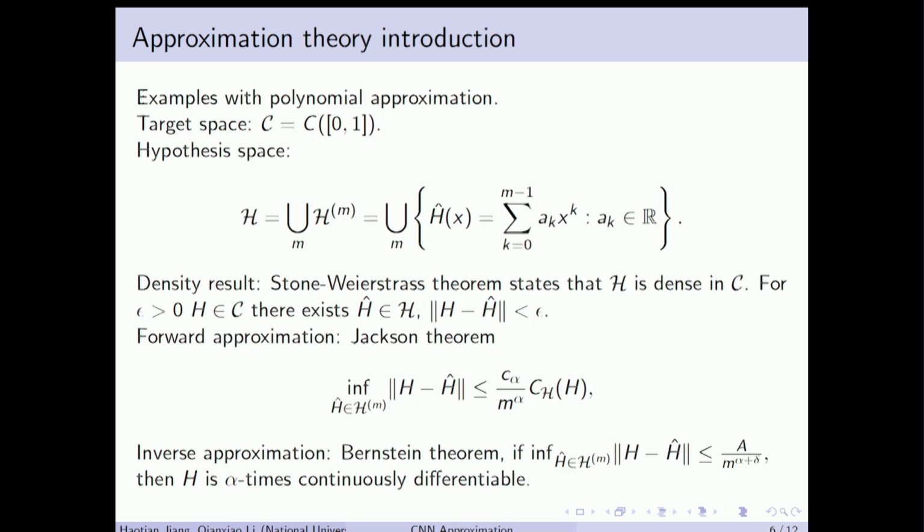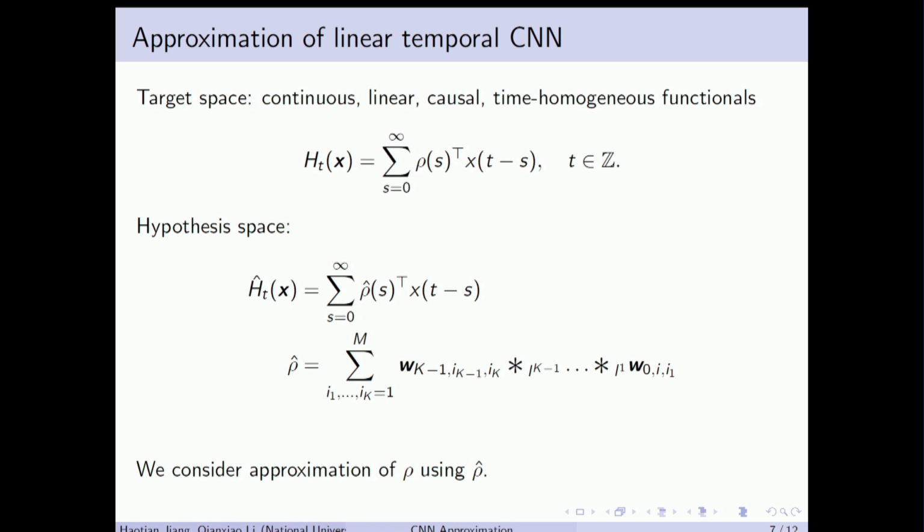Okay, so in this work, we are particularly considering linear temporal CNNs. For the target space, we consider targets as continuous, linear, causal, and time-homogeneous functionals. These are just some conditions on the functionals, and after some derivations, we can prove that all the functionals satisfying these conditions have a unique form of representation.